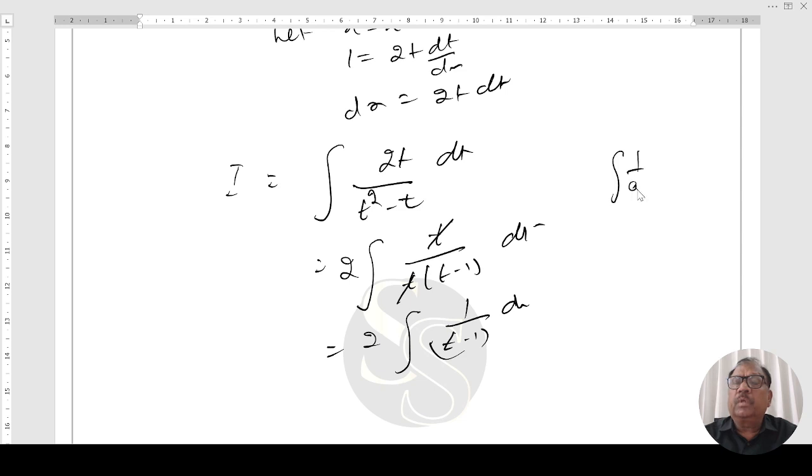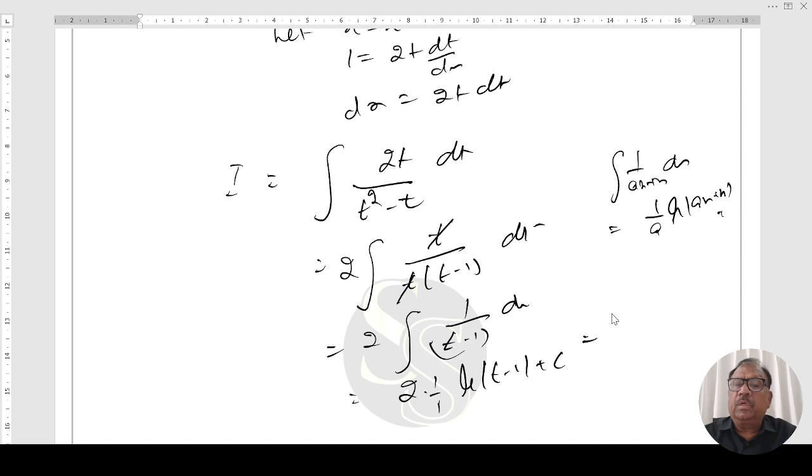1 over ax plus b dx is 1 over a log of ax plus b plus c. So this comes out twice to 1 by 1, coefficient of t is 1, log of t minus 1 plus c, that is twice log root x minus 1 plus c.